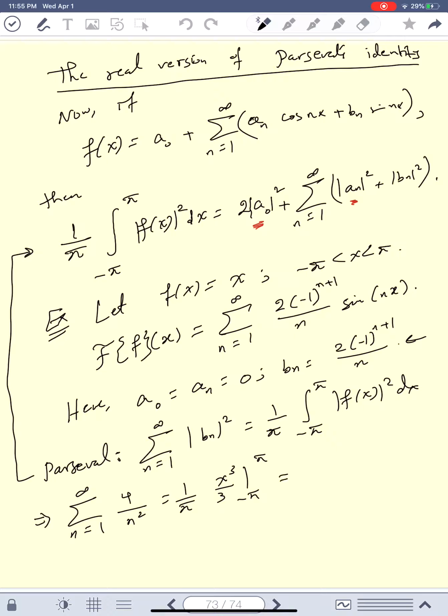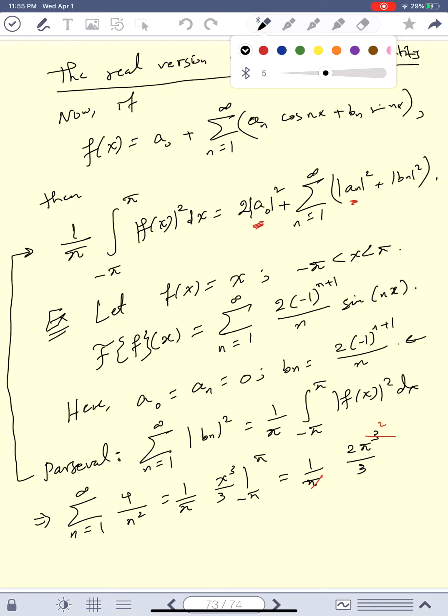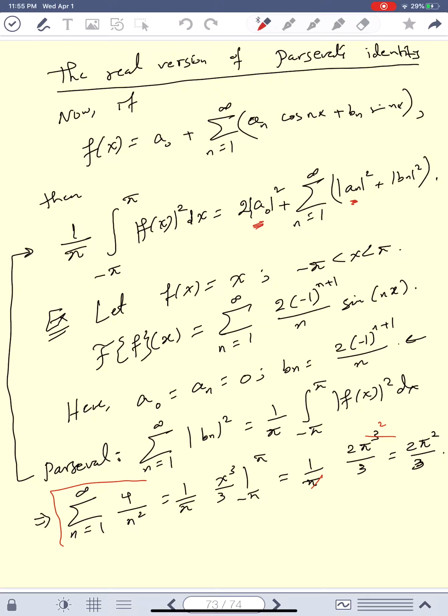Which is basically 1 over pi times pi cubed over 3. This is just a standard integral. If you cancel the pi with the pi, you will have 2 pi squared over 3. So basically, what you have is, in the end, this sum is equal to this value.